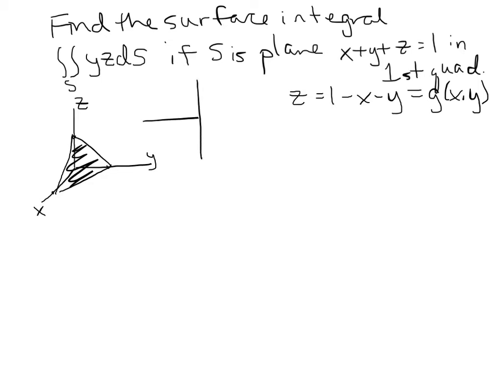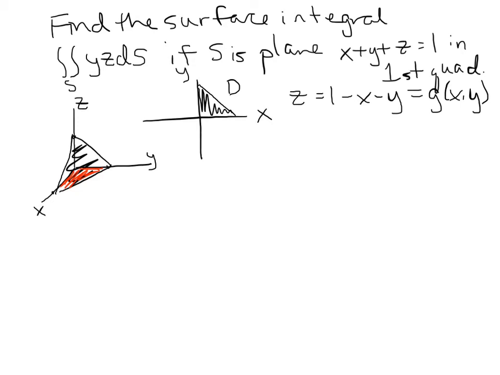If we are to project that, find its shadow on the xy plane, that would be the part right down here, just on the xy plane. And that's where it crosses the x and the y right at 1. That's this area. So that's going to be the D from our formula.